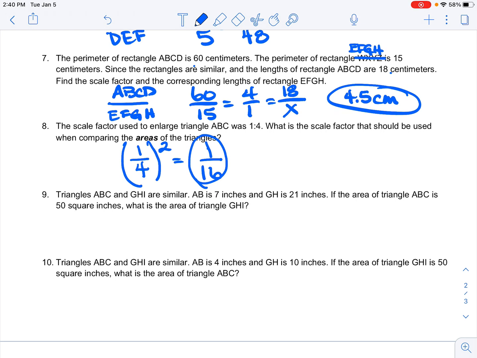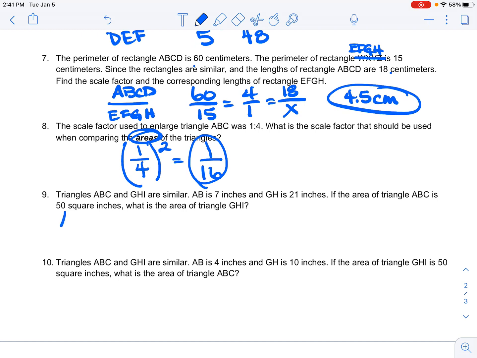It is 1/16. So you have to pay attention. Are they asking you to find the scale factor for the areas? Are they asking you to apply it to perimeters and sides? Remember, when they're asking for areas, you have to square the scale factor. For perimeters and sides, you don't.